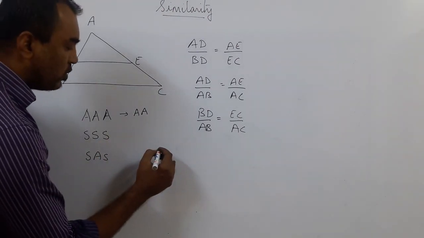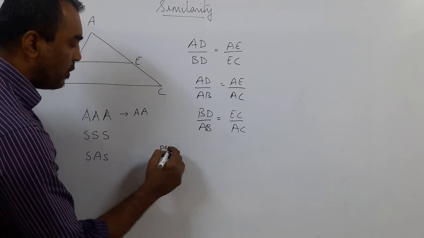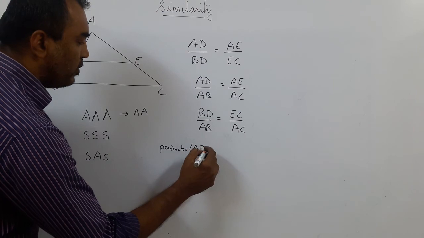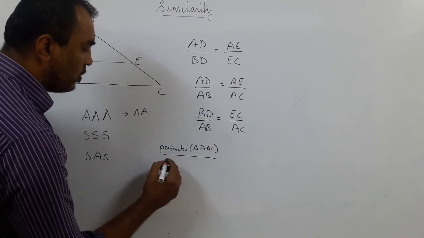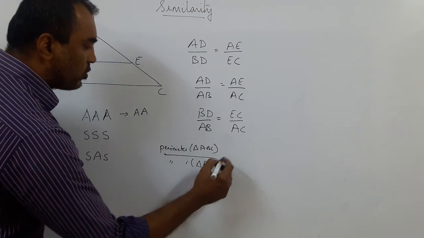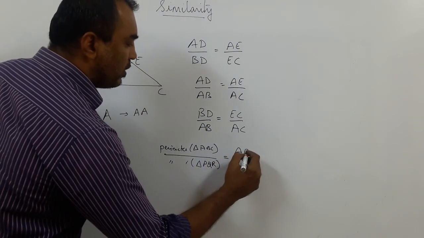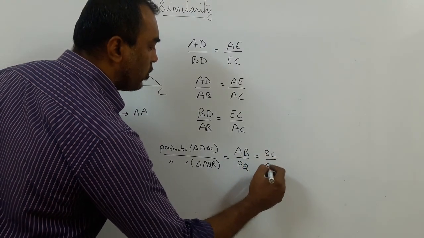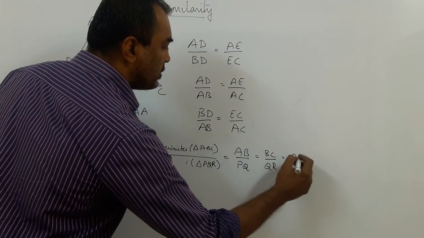And today we saw the ratio of perimeter of triangle ABC upon perimeter of triangle PQR. So this ratio of perimeter is equal to the ratio of the sides. You can write AB upon PQ, or BC upon QR, or AC upon PR.